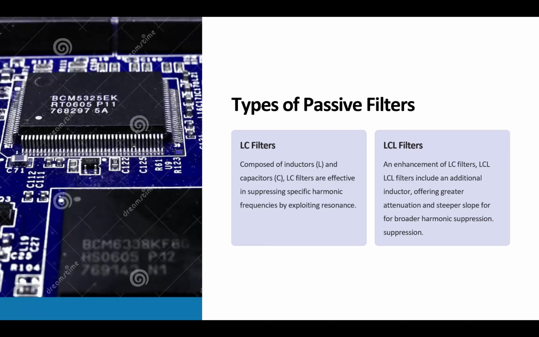Now, as I mentioned, even if we use the optimization and do everything right in switching, because we use switching, harmonics are going to be introduced to our system. So we need another layer of defense in our system against harmonics. Then comes in the hardware solutions.